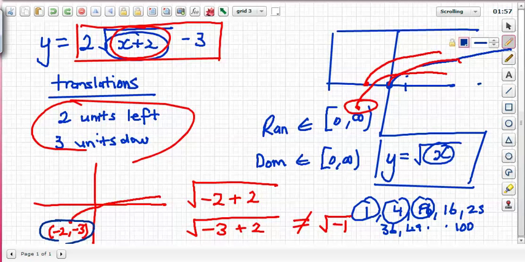The domain has changed, but there are no asymptotes because this point is inclusive. The point negative 2, negative 3 exists, so we're not going to draw an asymptote over here. There are no asymptotes for the square root graph. This is just going to go forever, but this point is inclusive.